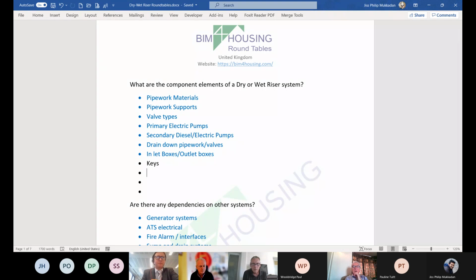Is the inlet box and the outlet box what I would see in a corridor, for example, where you see the dry riser coming up and maybe there's a door in front of it? Is that what that means? Yeah, I put them in there for one reason: they're the boxes where you normally have a key and you open it up and go inside, and the fireman connects their hose, takes it through the stairs to the level above and fights the fire.